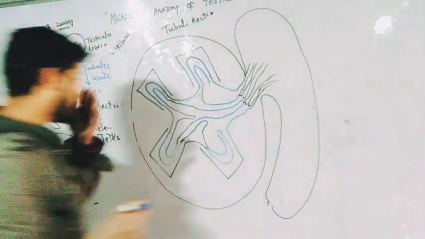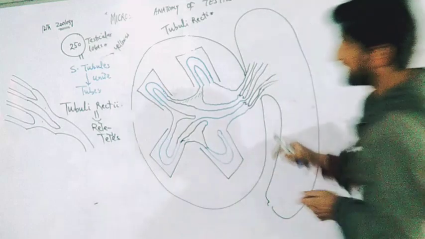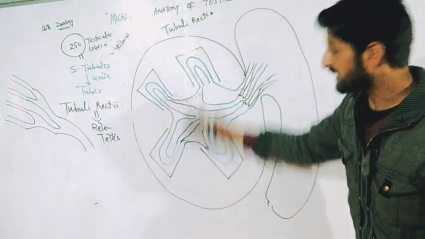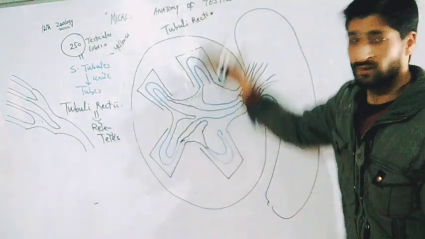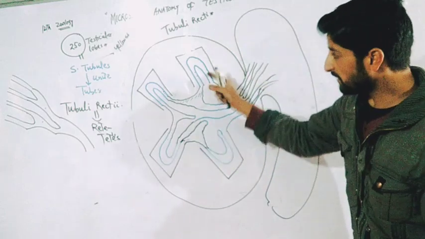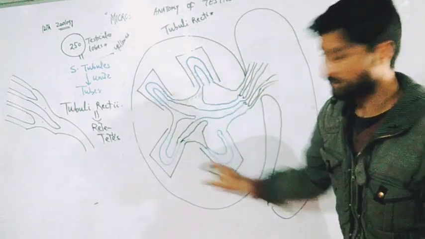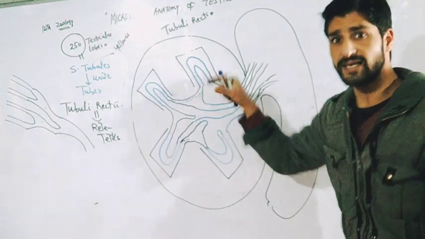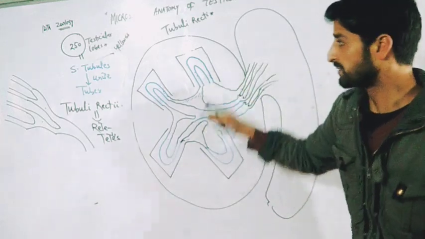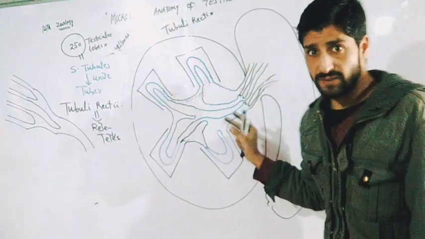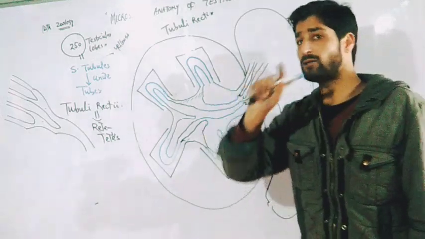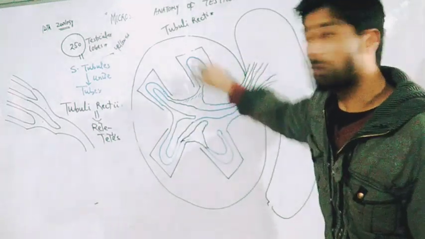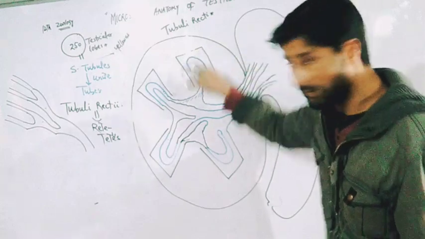What I said in my first minute is that if we analyze one testis by dissecting it, we will find several compartments. Every compartment is known as a testicular lobe. There are approximately 250 testicular lobes. In each testicular lobe, there may be 1 to 3 highly coiled yellowish structures.